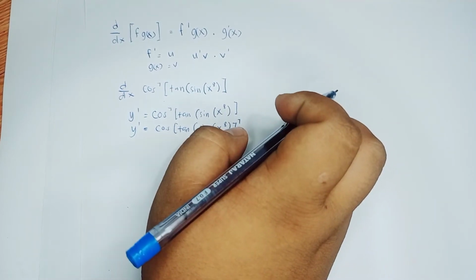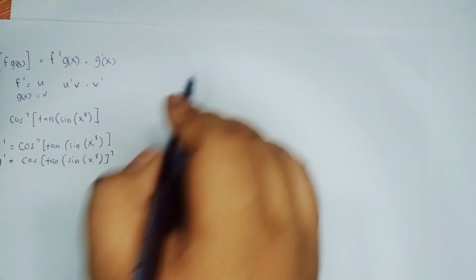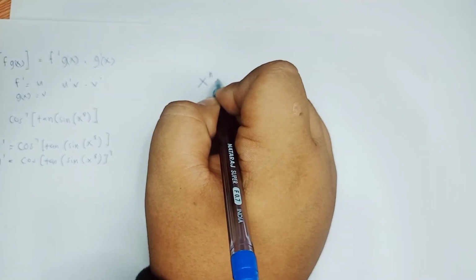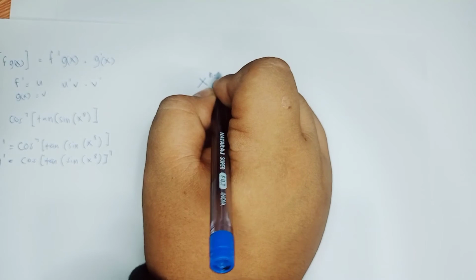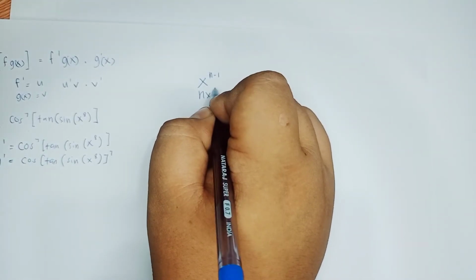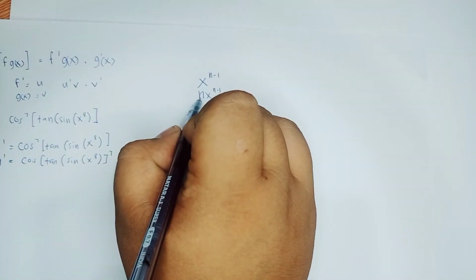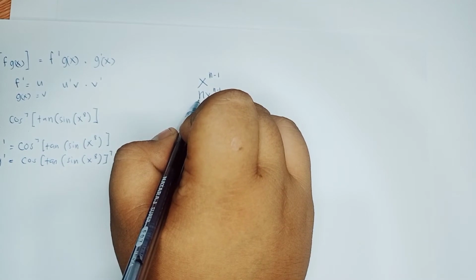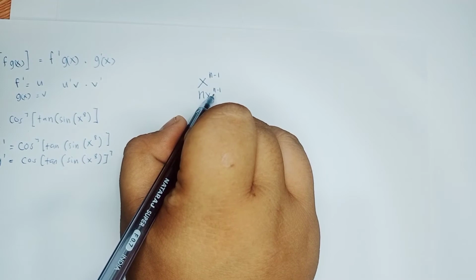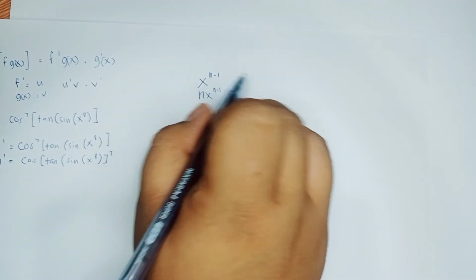So now we will be using the power rule. The power rule is something like this: the derivative of x raised to n is n times x raised to n minus 1, where n is the exponent to be put beside the base, and the exponent would be deducted by 1.